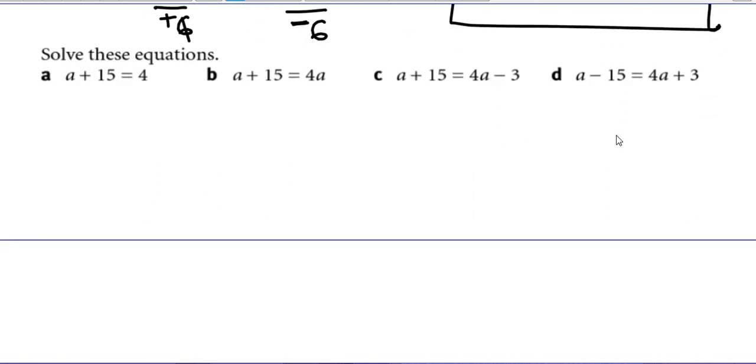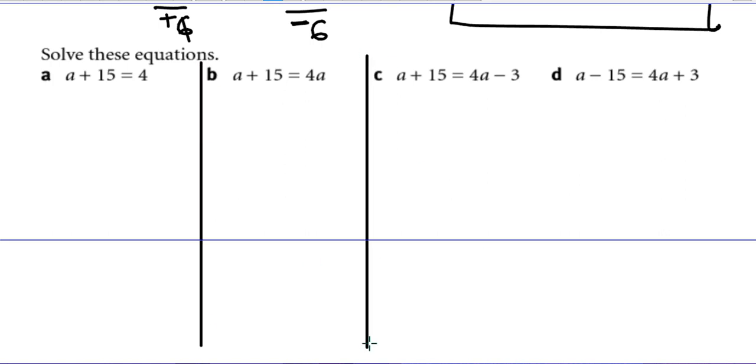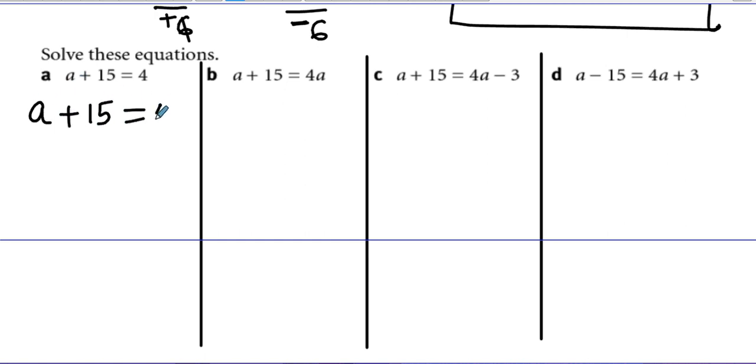All right, let's go to the next questions. Solve these equations. Okay, let us try to put borders like so. Let us start with A. Solve these equations. So you have a plus 15 equals 4.